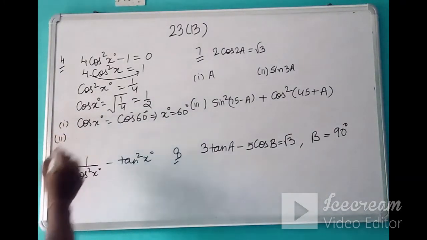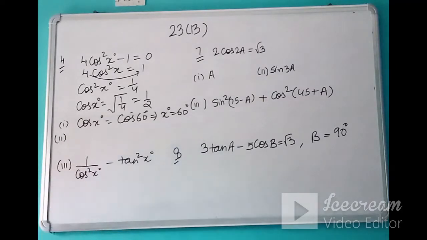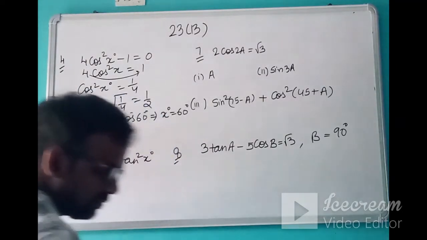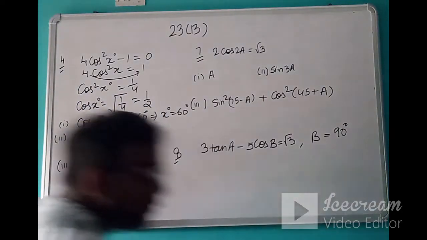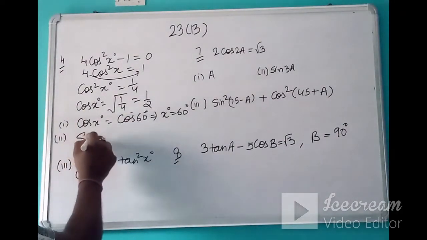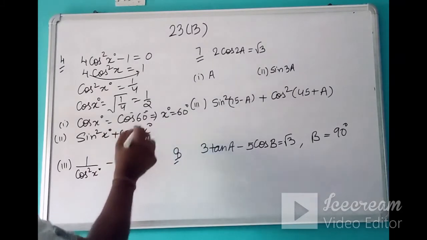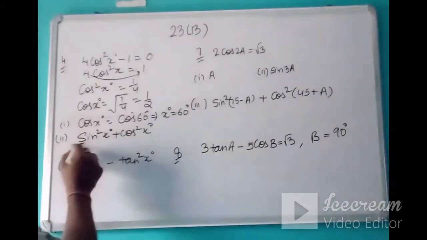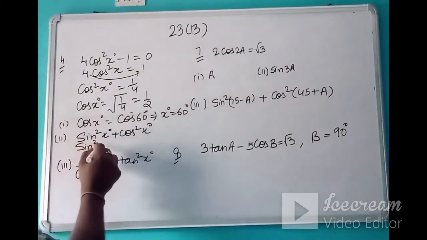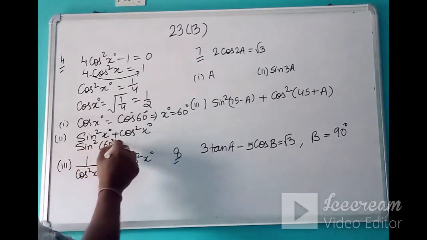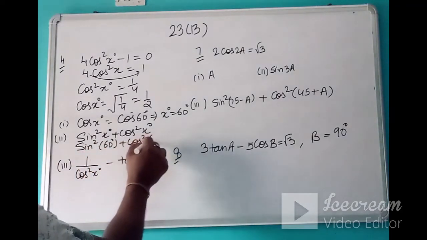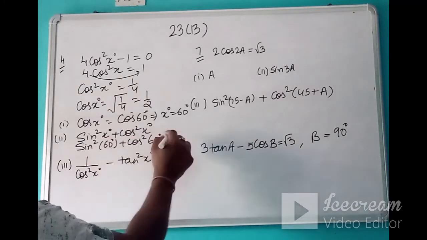Then in the second part, the value of sine square x degree plus cos square x degree is asked. So what we will do, we will put the value: sine square 60 degree plus cos square 60 degree. So what is sine 60?